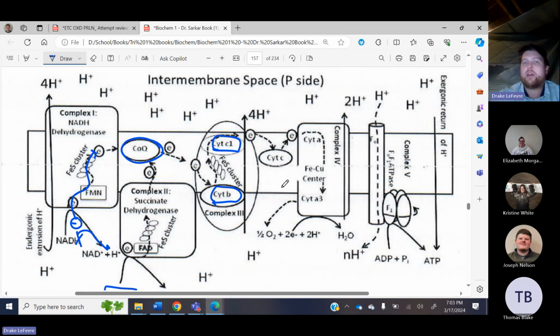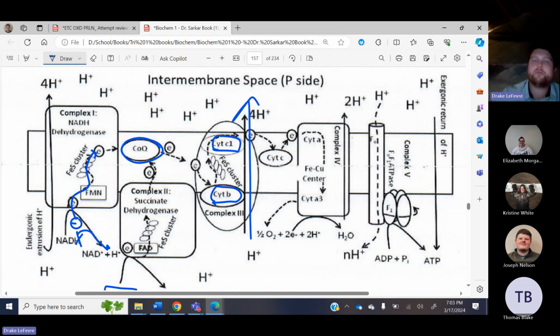Just like complex 1, complex 3 uses the energy from the electrons to pump hydrogens up through, and then it continues down the chain and passes it to cytochrome C. Cytochrome C then passes the electron to complex 4. Complex 4 has cytochrome A and cytochrome A3.